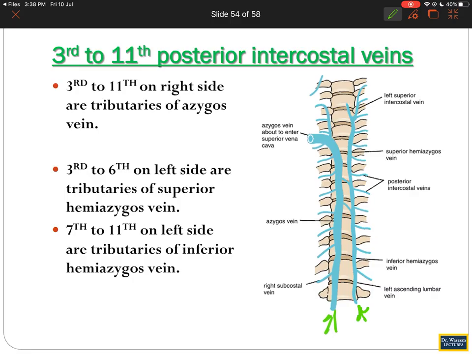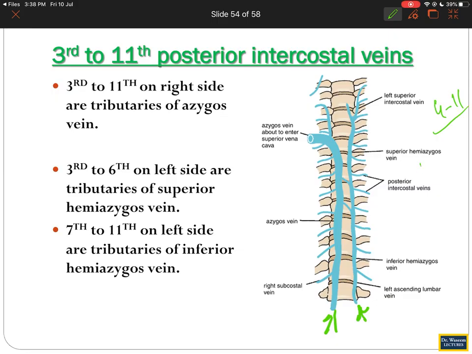So we had 9 intercostal spaces posteriorly to fill with veins now. But here we will fill not 9 but 8 intercostal spaces, not from the 3rd to 11th but from the 4th to 11th: 4, 5, 6, 7, 8, 9, 10, 11.